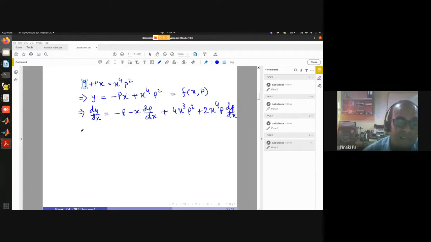And this left hand side is equal to p. So p is equal to minus p minus x dp/dx plus 4x cube p squared plus 2x to the power 4 p dp/dx.